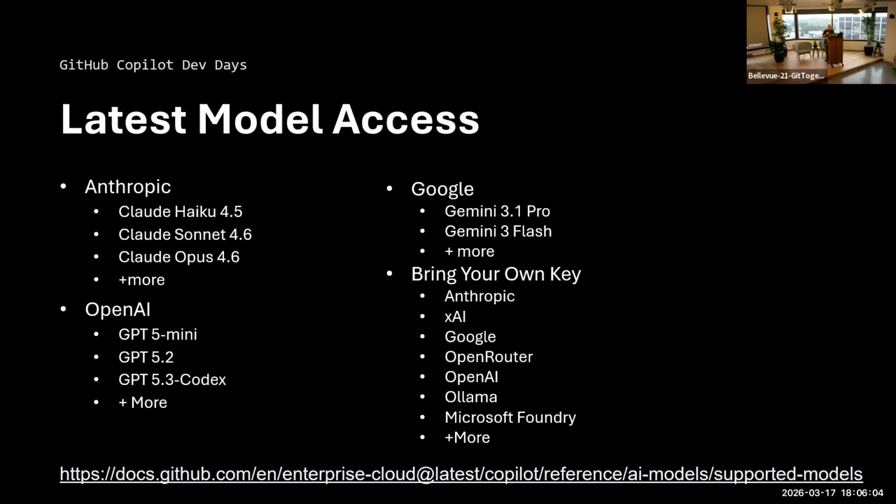Again, choice. Yes, we started out with a single model, but now you've got dozens of models to choose from. I lose track of the exact number, but you'll be able to download the PDF of this and go to our documentation page, where you can see all of the models that are available and even some information about strengths and weaknesses, to help you get a feeling for which model you should be using, maybe for a retail site.